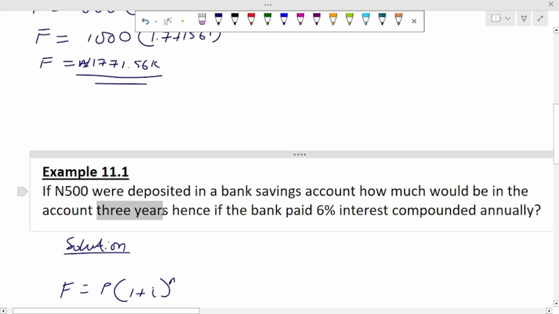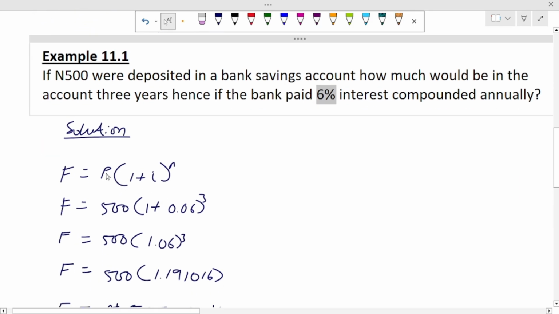This is N, number of years. So they're asking how much would be in the bank, which means future, which is F, future amount. Hence, if the bank paid 6% interest, that is the interest rate, which is I, 6% interest compounded annually. So we are looking for F.